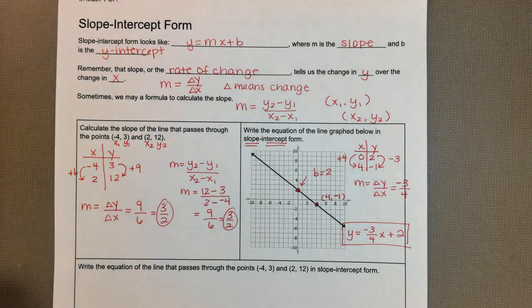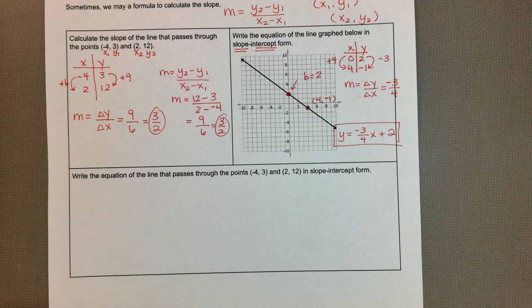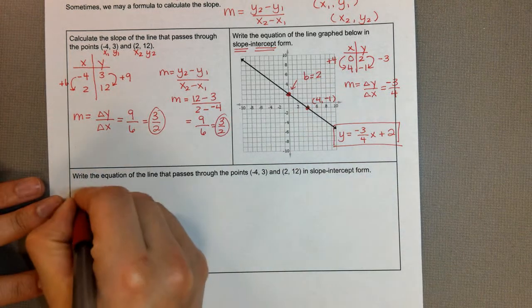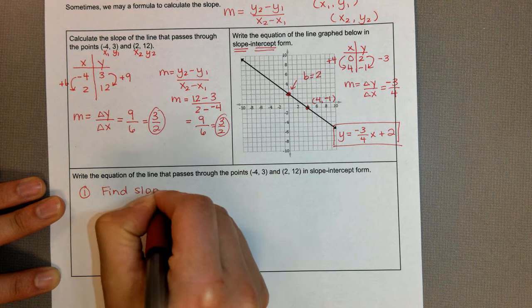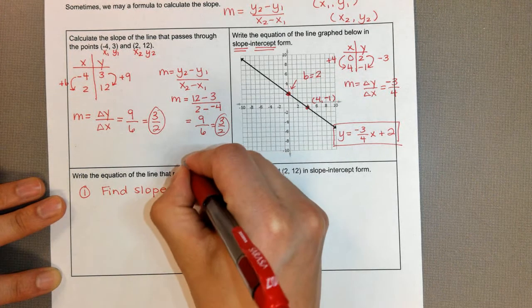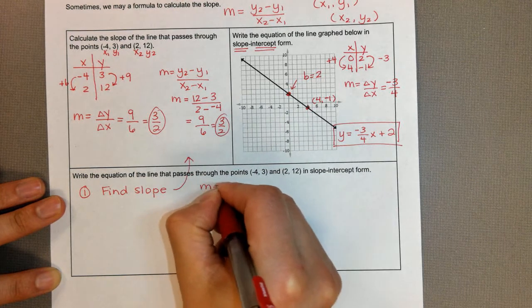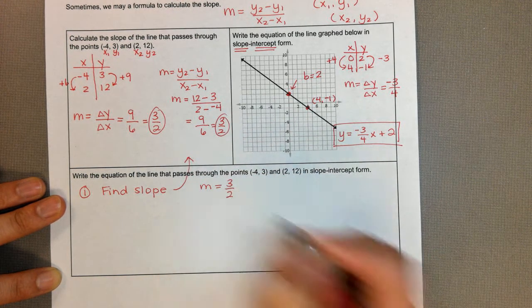All right. This last example says, write the equation of the line that passes through the points (-4, 3) and (2, 12) in slope-intercept form. Okay, so if I want to do this, the first thing I must do is find slope. And you'll notice that we did this already in this box up here, so we know that the slope of the line that goes between these 2 points is 3 over 2.